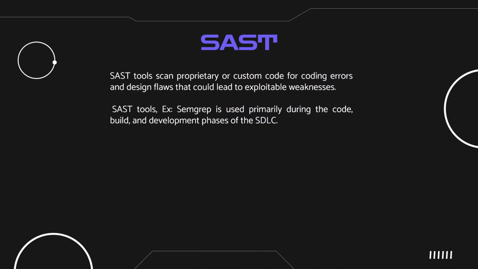If a developer catches a very big vulnerability like cross-site scripting at the root level, it will take less time and cause very little impact on the application, and the developer can fix that issue then and there. An example is the Semgrep tool, which is used primarily during the code build and development phase of the SDLC.